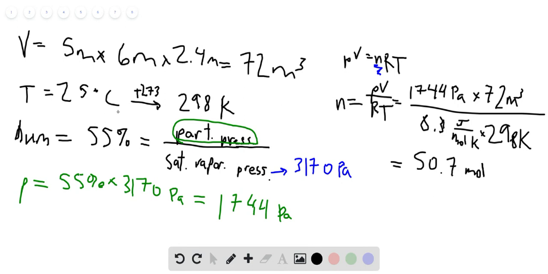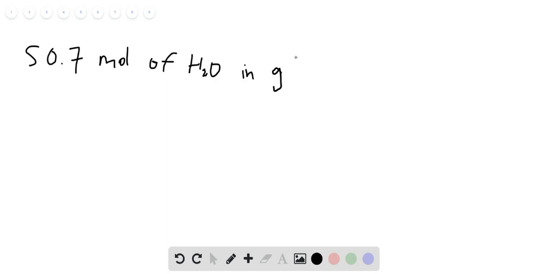But we want this in terms of kilograms because we want the mass. And so, what is the mass of 50.7 moles of H2O? What is its mass in grams, for example?